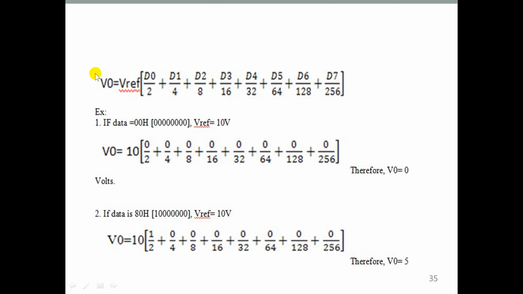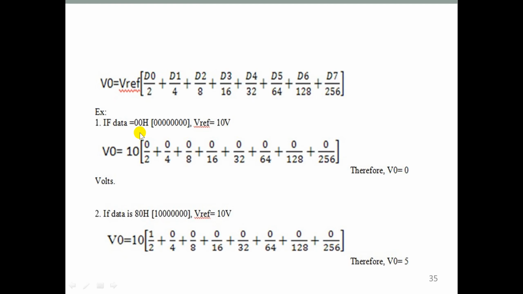If you take the equation for output voltage, we take the reference voltage times D0 by 2 plus D1 by 4 plus D2 by 8 plus D3 by 16 plus D4 by 32 plus D5 by 64 plus D6 by 128 plus D7 by 256.